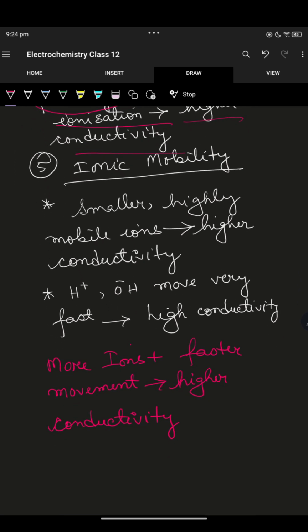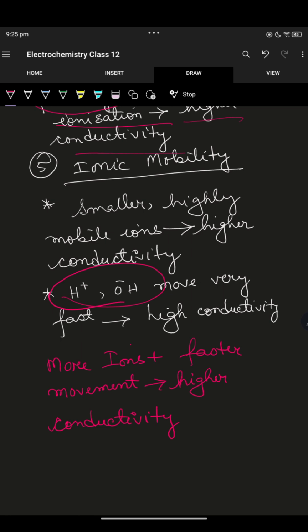Next is ionic mobility. Smaller the ions, the greater the mobility. So highly mobile ions: the smaller the ion, greater is its mobility and higher is its conductivity. H plus and OH minus ions, both, they move very fast and so they have high conductivity.